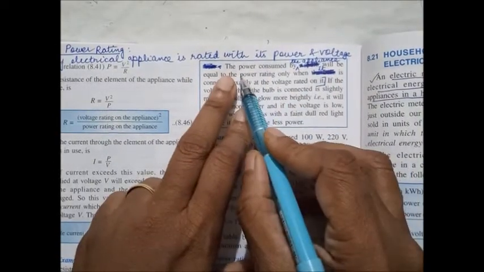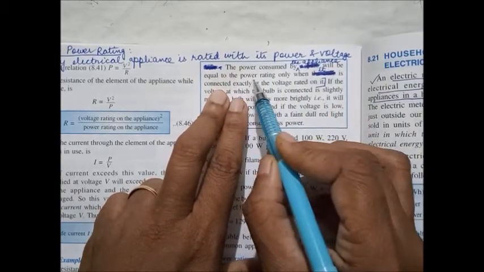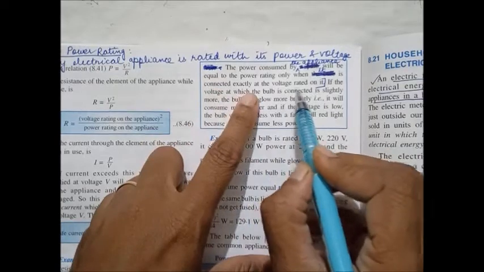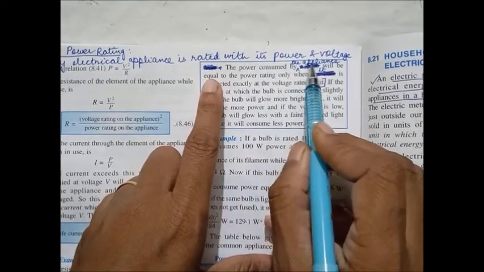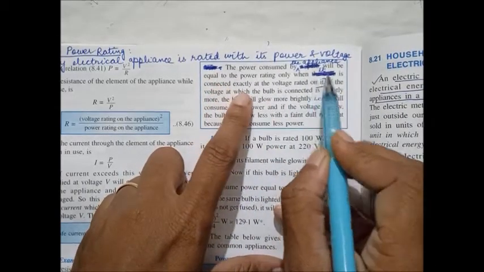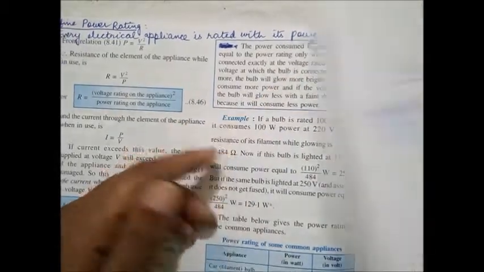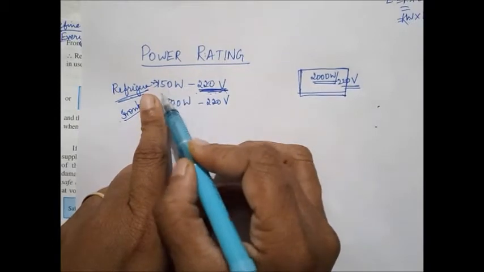I'm reading it fast. The power consumed by the appliance will be equal to the power rating only when that appliance is connected exactly at the voltage rated on it. In the sense, if only 220 volt comes, it will consume 150 watt.